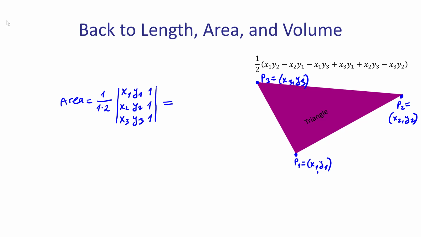And I will denote it by p1, p2, p3. So you have 3 points, p1, p2, p3. That determinant, I will say that this is p1, p2, p3. Now, if you open and develop that determinant by any row or by any column, this is exactly what you will get. This is the area of a triangle.